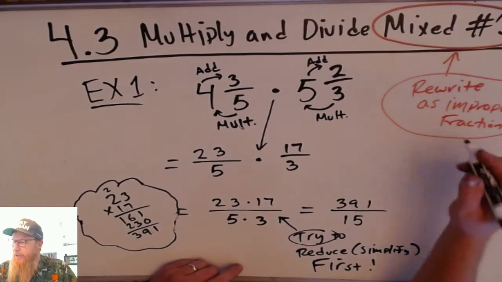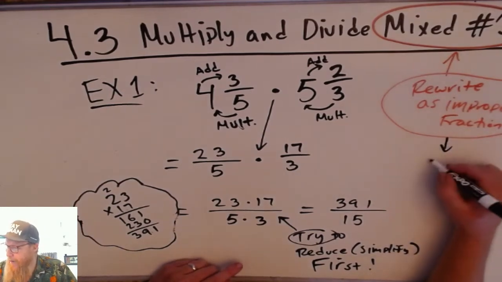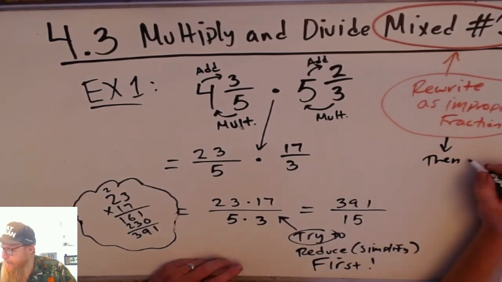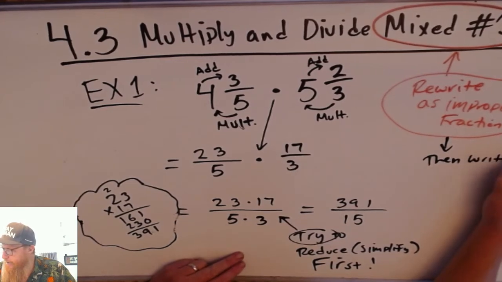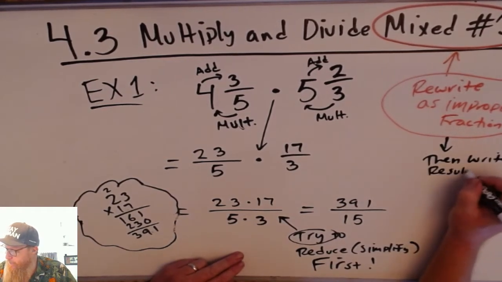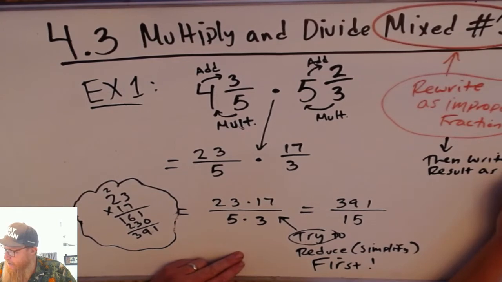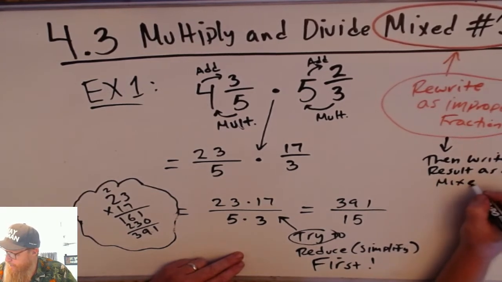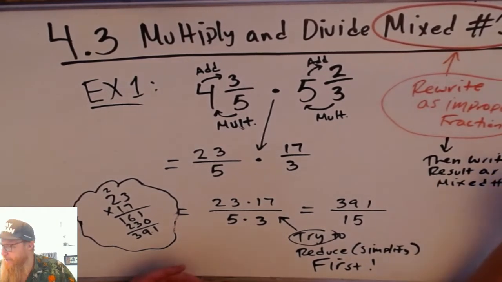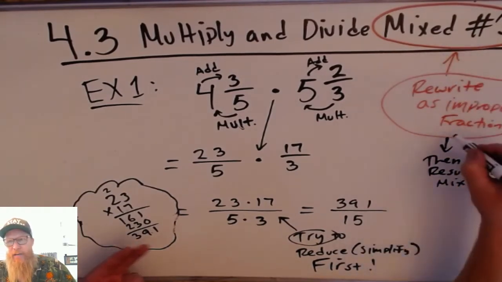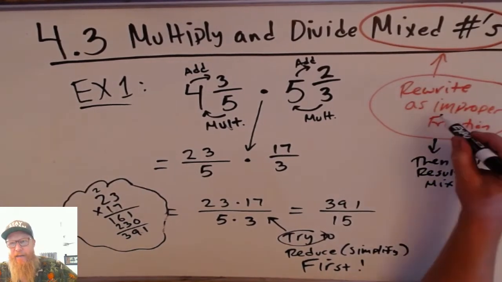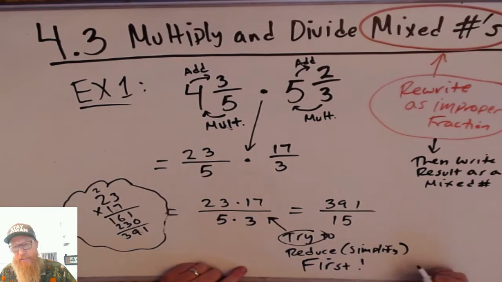Okay. So you're going to rewrite as an improper fraction, then write the result as a mixed number. So you're basically going mixed number into improper and then improper back into mixed.